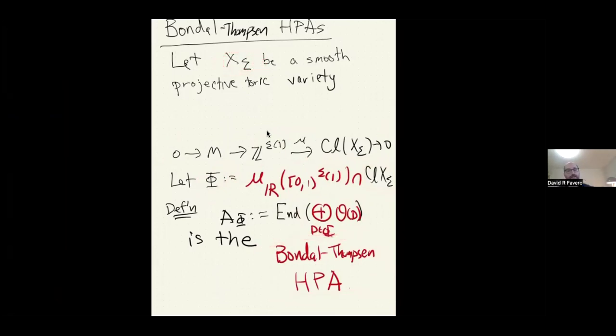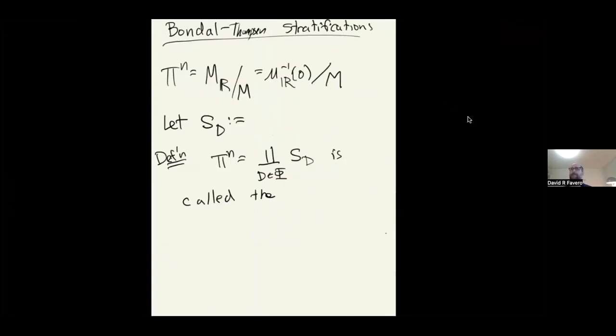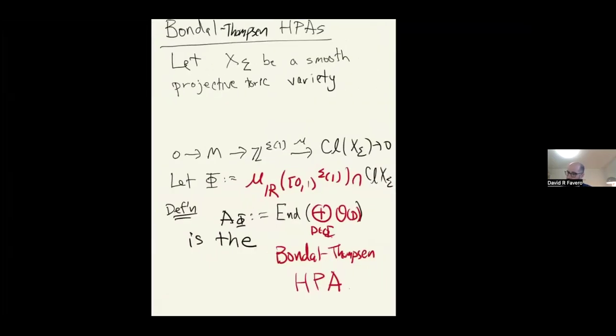So now I want to tell you how that corresponds to a stratified topological space. I take this torus, M_R by M. M is a lattice in some big free lattice.